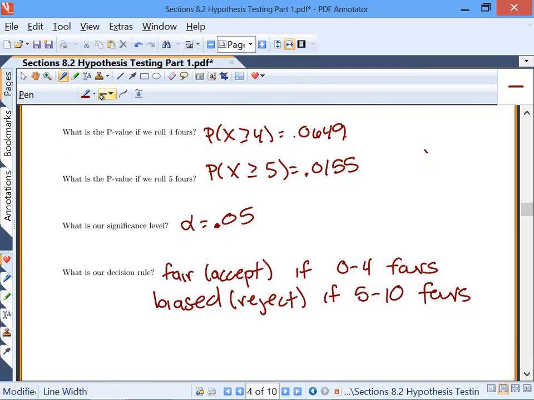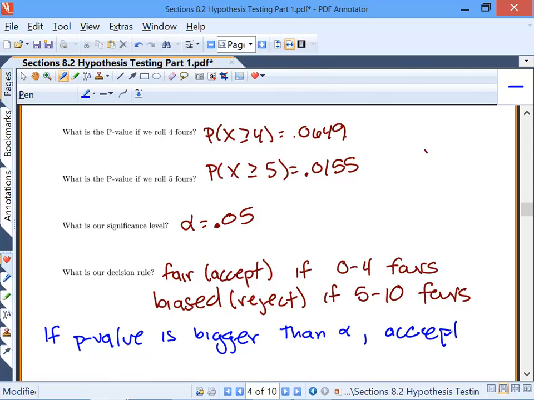So, in statistics, as we do our hypothesis testing, if the p-value is bigger than alpha, so like 0.0649 is bigger than 0.05, then we will accept or fail to reject, two different ways to say it, the null hypothesis.